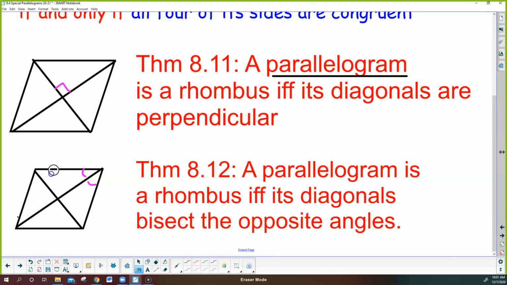I might draw these all the same color. So this diagonal bisects the two opposite angles. And then the other diagonal bisects the angles as well.